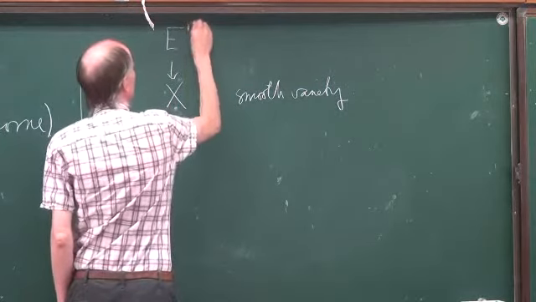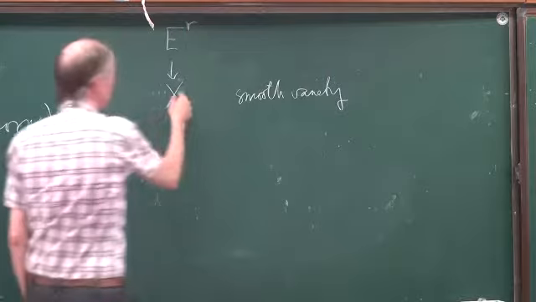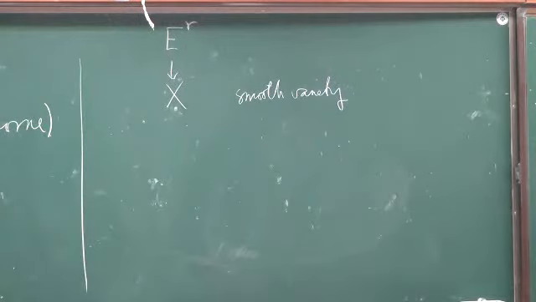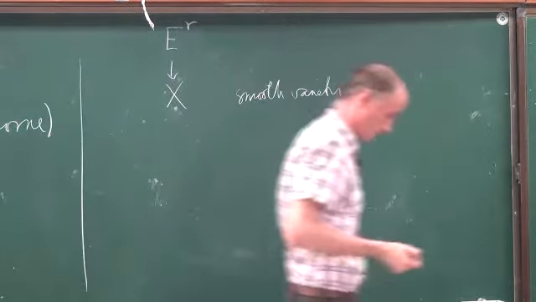Vector bundle of rank r. This means that over each point you have a vector space of dimension r, and locally this is trivial.